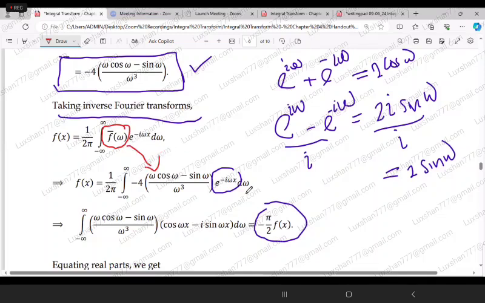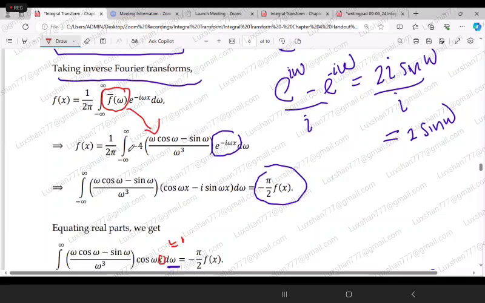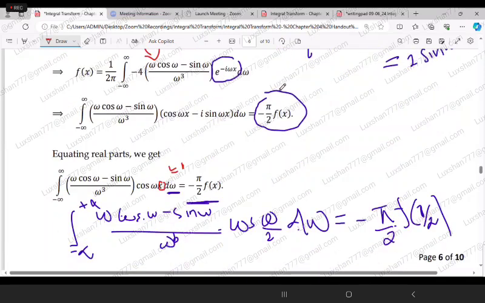This is a constant, I can take it out, so with cross multiplication that becomes minus 2 over pi, and the left hand side becomes minus pi by 2 f(x). Now I am replacing e to the power i omega x by the well-known formula cos omega x minus i sin omega x.